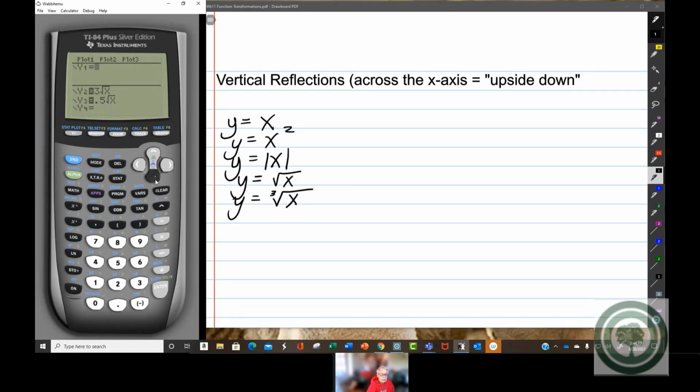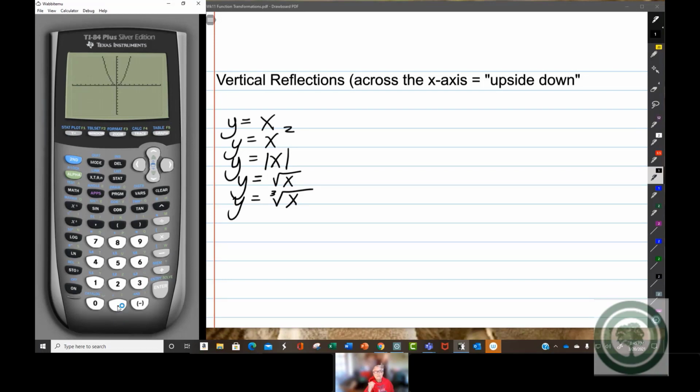So clear, clear, clear. Y equals x squared shows this beautifully. They all do. Here's our basic y equals x squared graph.